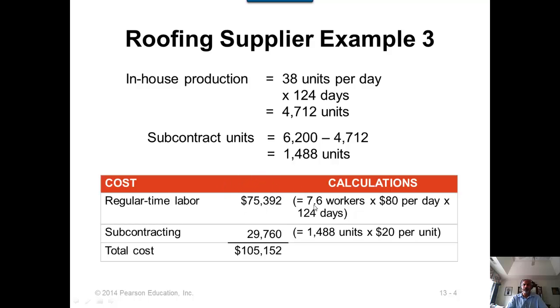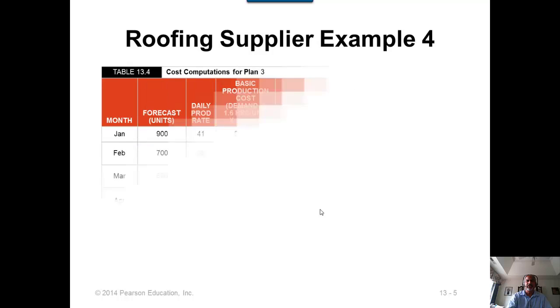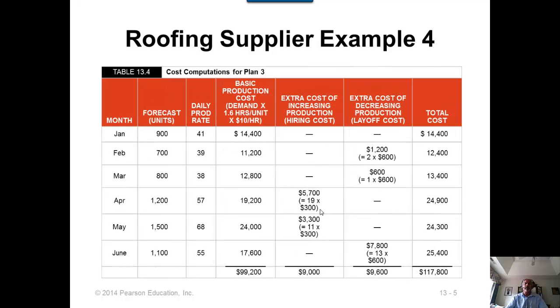So you need to divide 8 hours by 1.6, the standard hours. 8 divided by 1.6 will give you how many units one worker can produce, and divide that into the required production rate of 38, and that will give you the number of workers, and here 7.6 workers are needed. You're not going to have 7.6 workers, but we need to have on the average 7.6 workers over the entire month.